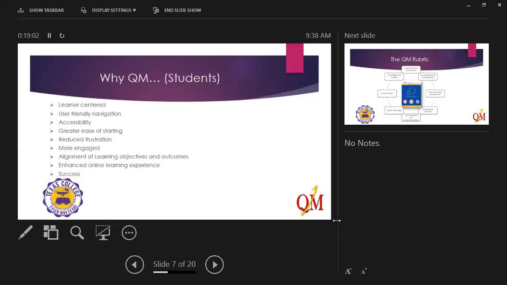By following best practices and norms, you ensure that your content is readily accessible to not just a specific group of students, but students of varying categories and degrees.